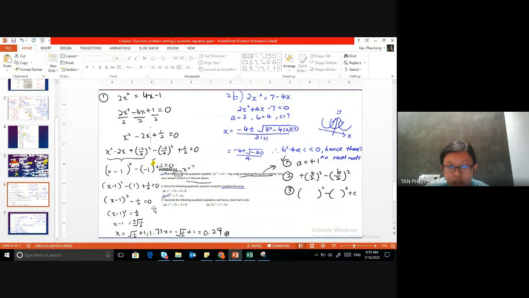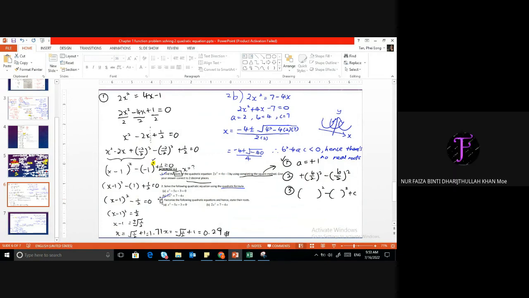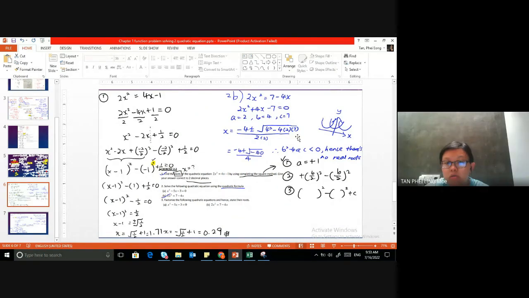For plus 2B, you see C is negative 7, not 7. So this part is wrong already. It should be the same solution, because you can see that they are the same, right? So it is actually the same.